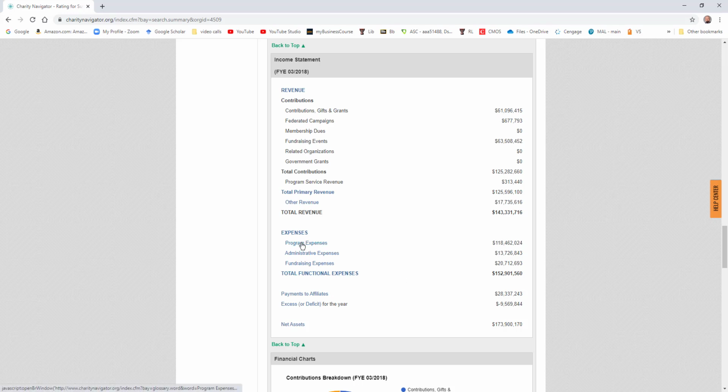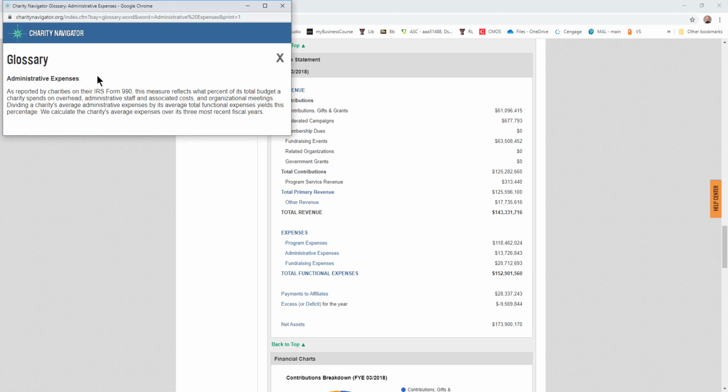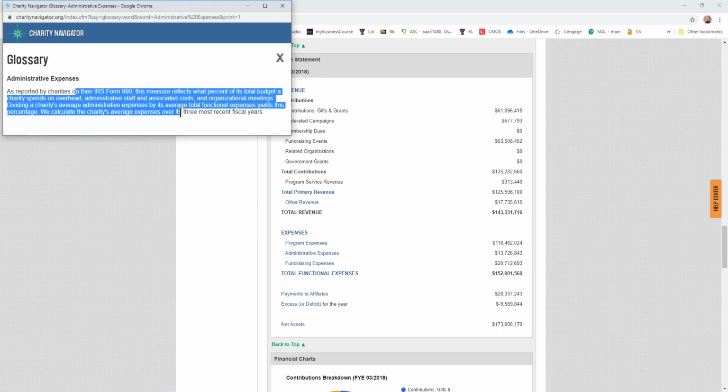So you look at program expenses. Notice it's hyperlinked. Administrative expenses, 13 million. Is that too high? I don't really know. Let's look into that. They tell you what the definition is from a 990 standpoint. As a person who started charitable organizations, the 990 form is the annual financial statements that you remit to the IRS to tell them essentially, here's our tax exempt information from a performance perspective.